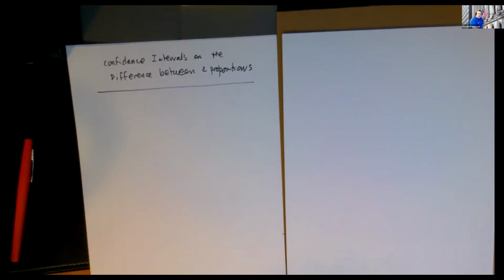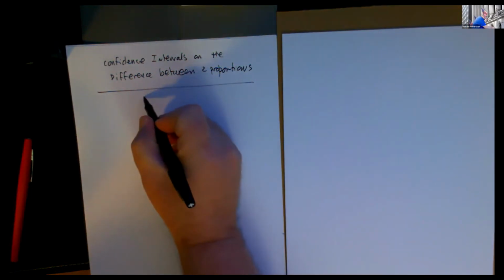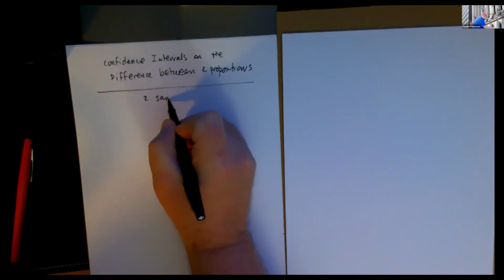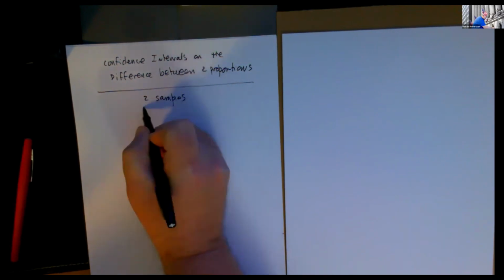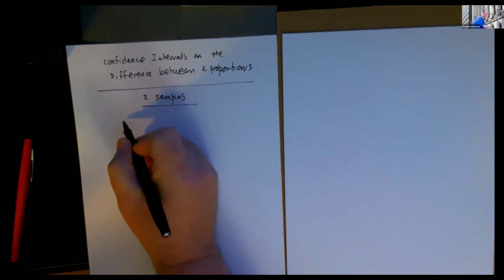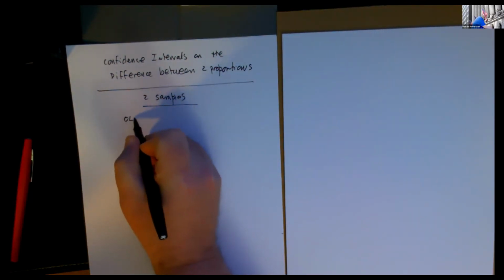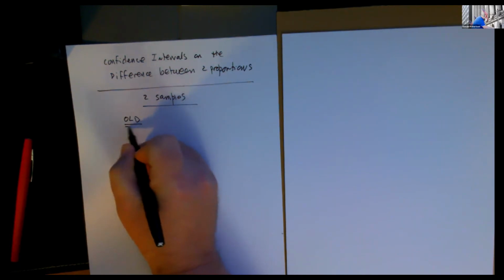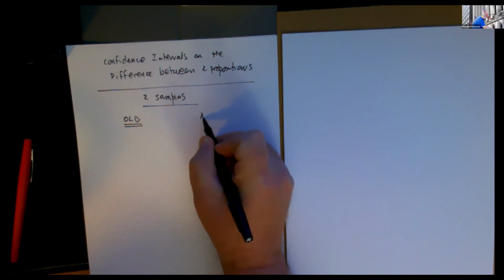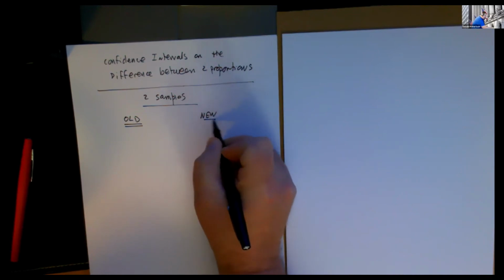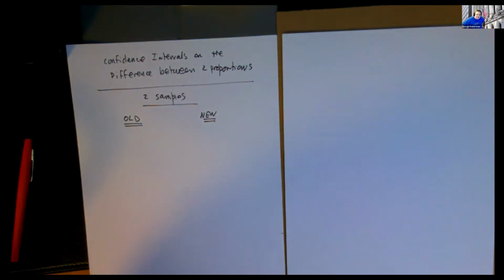So let's have a story, so we can look at this type of question where you need to find a confidence interval on the difference between two things. What you're going to have is two samples. Since we're in the medical field, we'll have on one side the old medication, and on the other side the new medication.